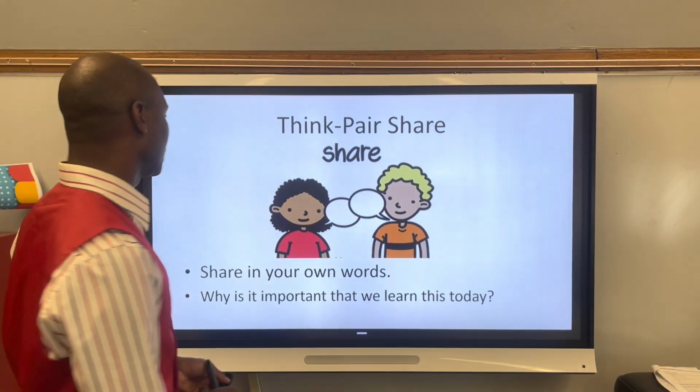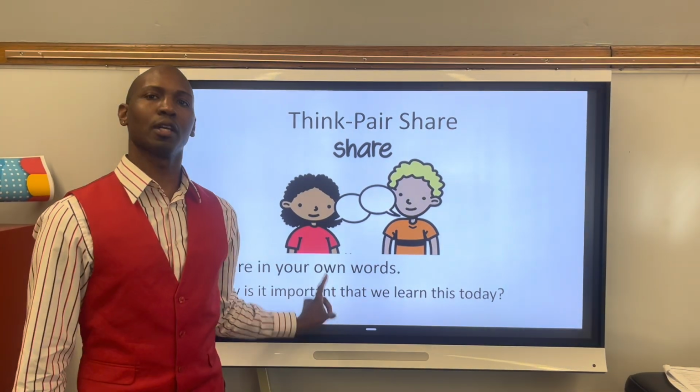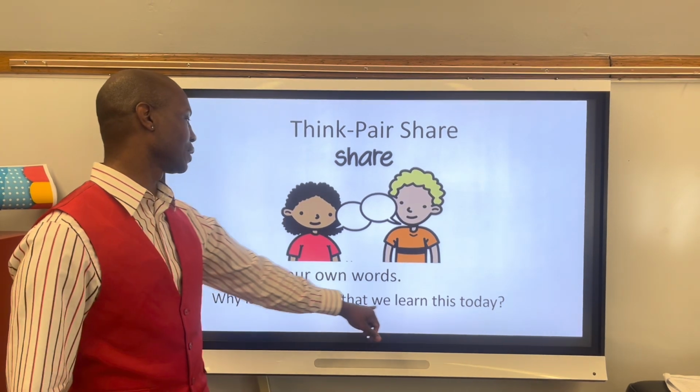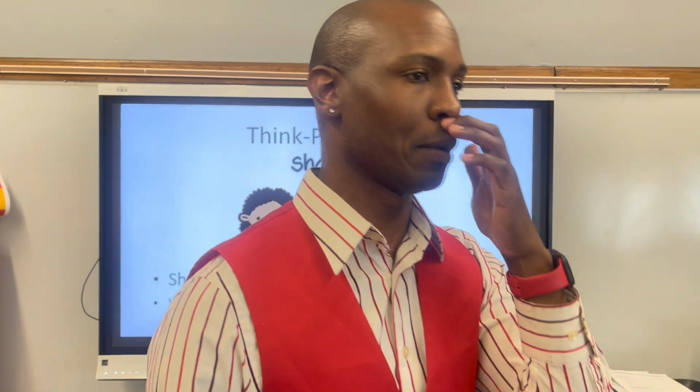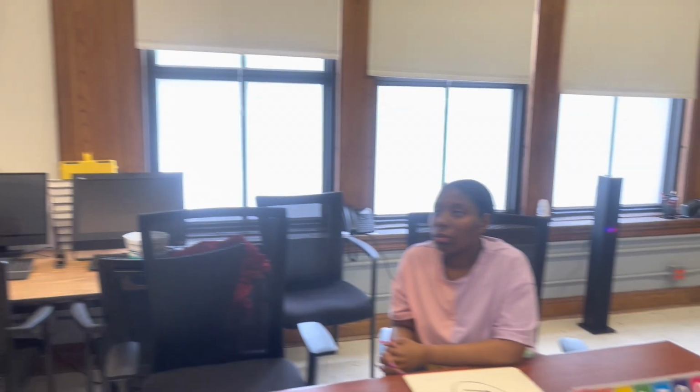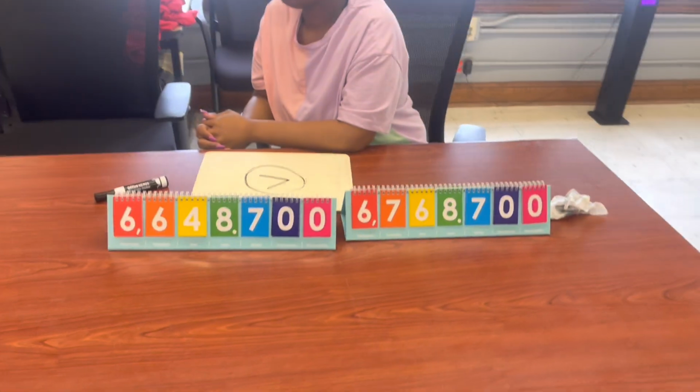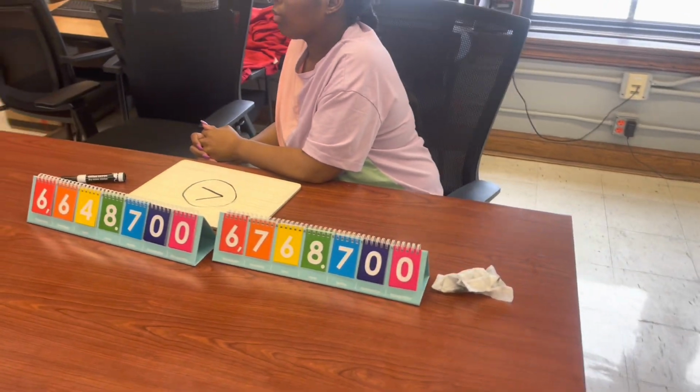So with that being said, we would close by asking, why is it important that we learn this today? So Ms. Jones, tell us, why would that be important, that we learned about the place value and those three things in comparing and contrasting numbers?